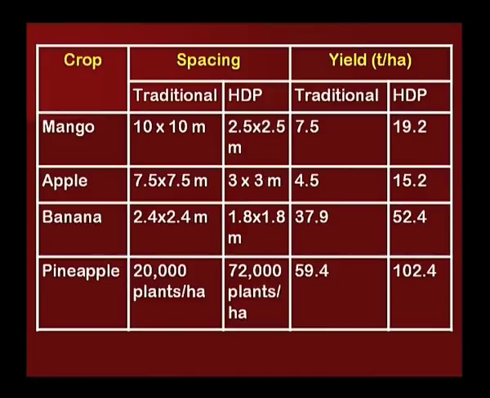In banana the traditional spacing is 2.4 by 2.4 meter. The HDP spacing is 1.8 by 1.8 meter. The yield obtained in traditional planting of banana is 37.9 tons per hectare, and in HDP it is 52.4 tons per hectare.